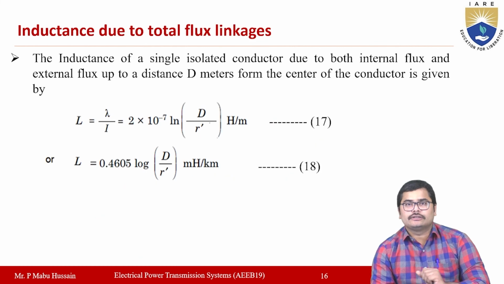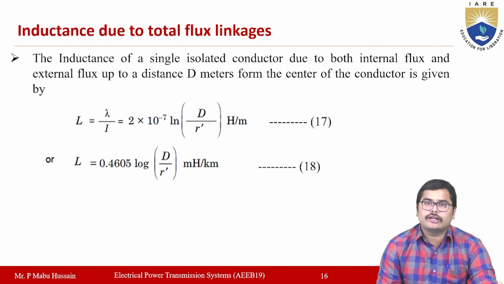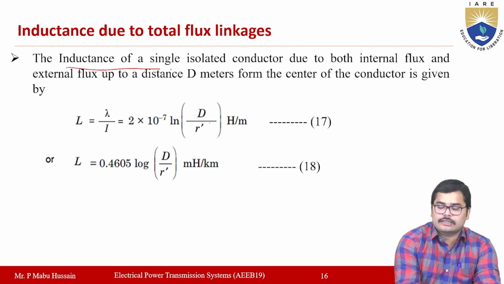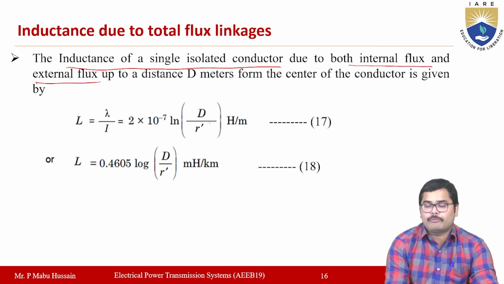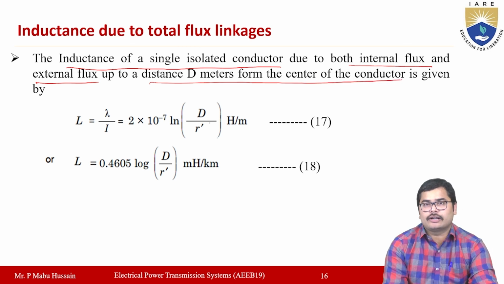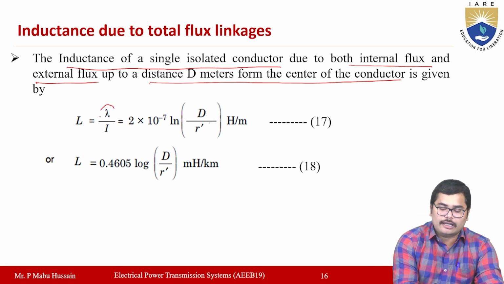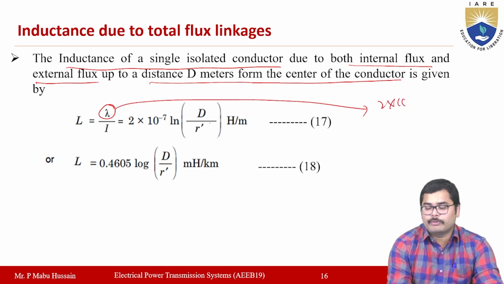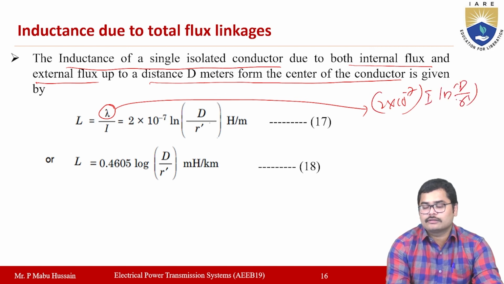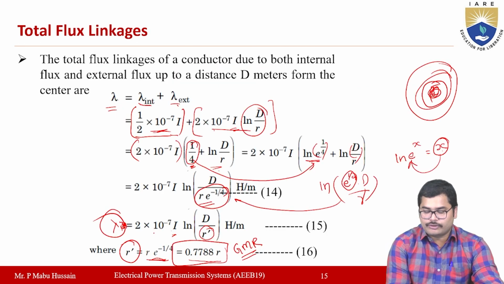Once you know the total flux linkages, you can determine the total inductance of a conductor. The total inductance of a single isolated conductor due to both internal flux as well as external flux up to a distance d meters from the center of the conductor will be given as L is equal to lambda by I. And here lambda is nothing but 2 into 10^-7 into I ln d by r dash, which is from expression 50.